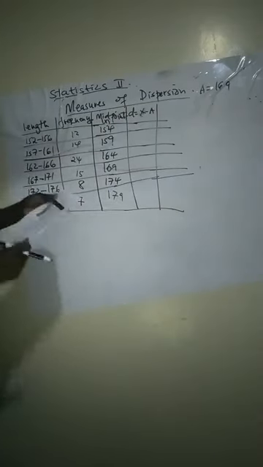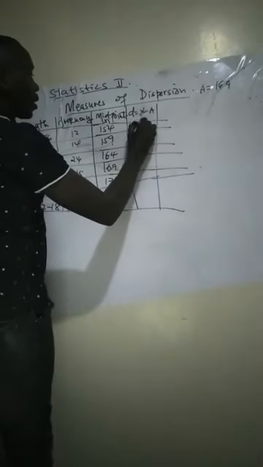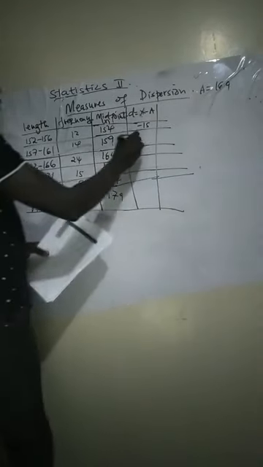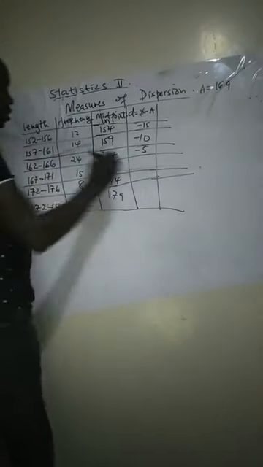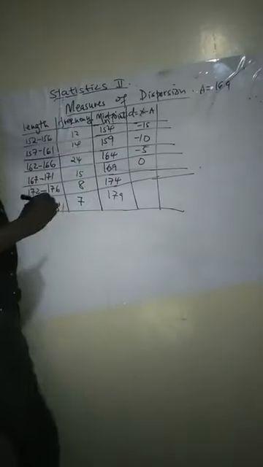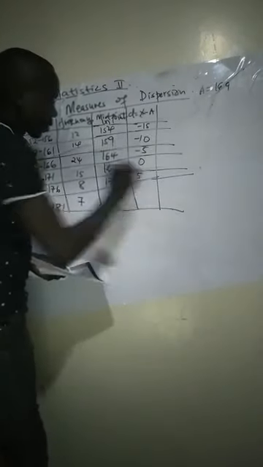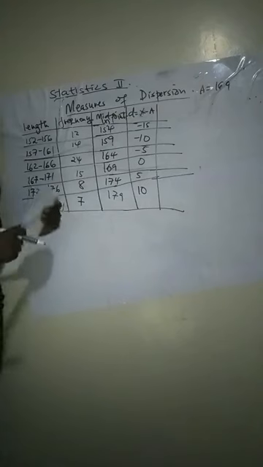So let's get the values of D. So 154 minus 169 is negative 15. 159 minus 169 is negative 10. 164 minus 169 is negative 5. 169 minus 169 is 0. 174 minus 169 is positive 5. And lastly, 179 minus 169 is positive 10.